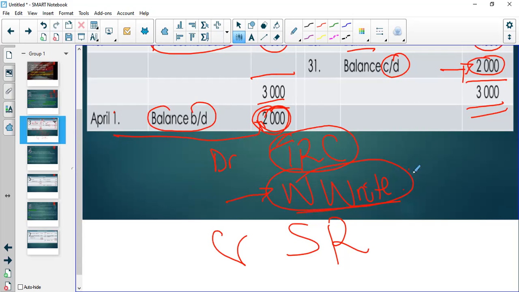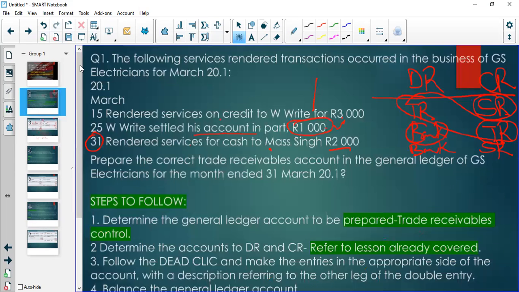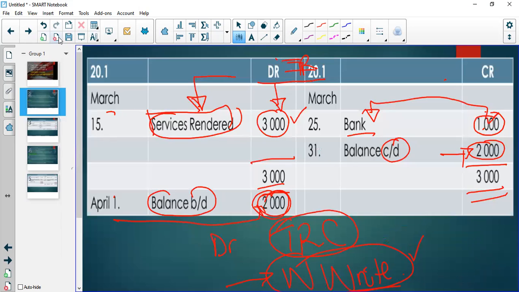So we also have a debit entry here, right? So always remember that whenever there is a transaction on credit, then the name of the person on his account, or on the individual's account, we need to enter something. All right. Always remember that, because then you get good marks for that.